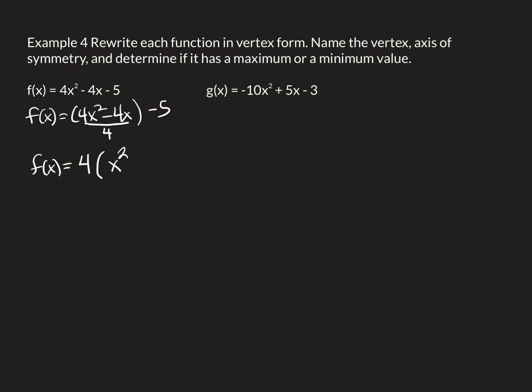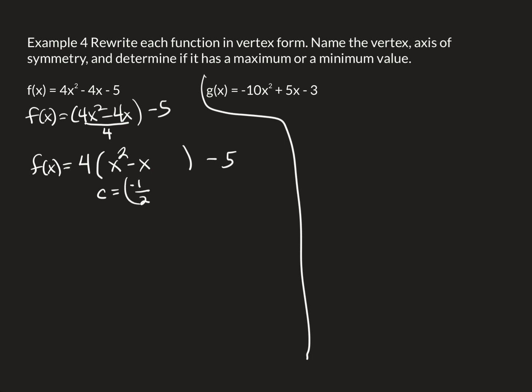So x squared minus x, leave my space, minus 5. Okay, I'm going to find my new c value. c is b divided by 2 and square it. So that would be positive 1/4, plus 1/4.